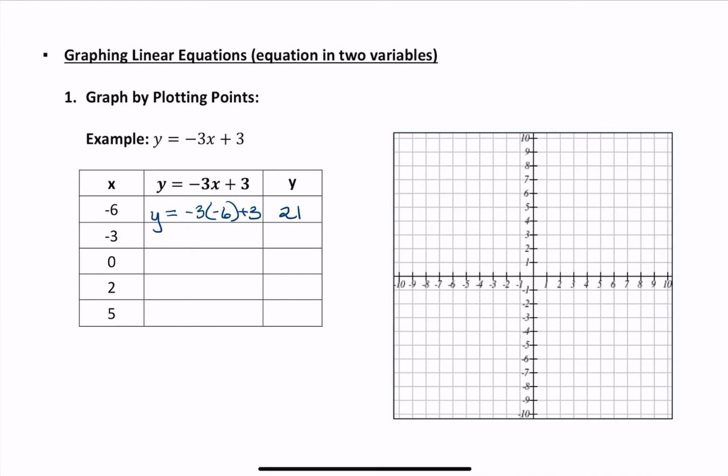And you're going to do that for the rest of them. You're going to have y equals -3 times -3 plus 3 is 12. Plug in 0 for x. We'll give you 3.